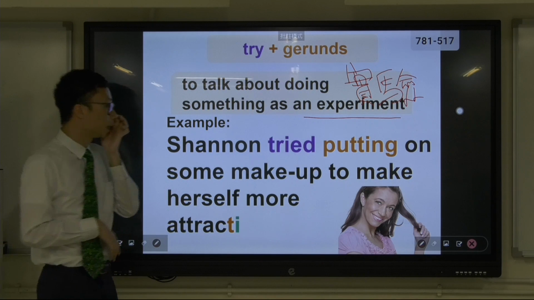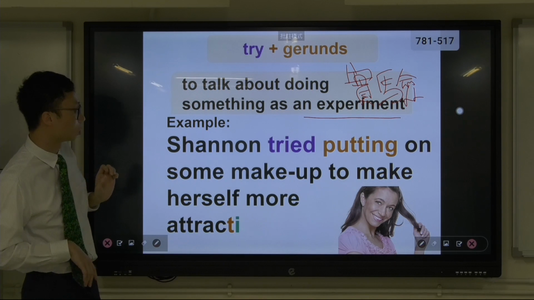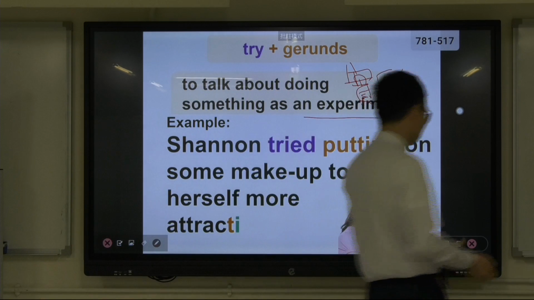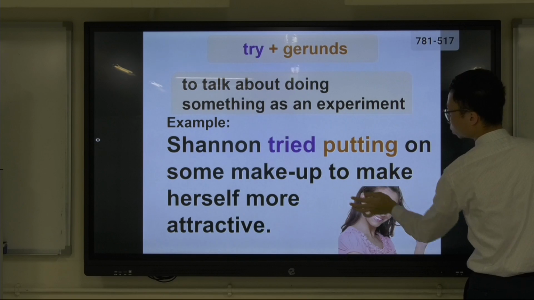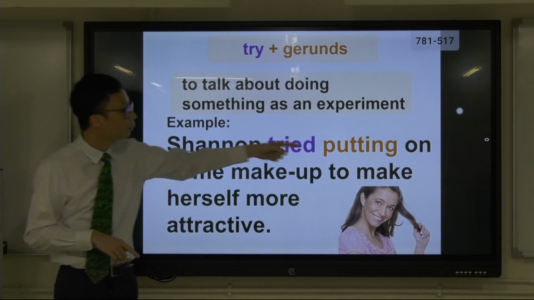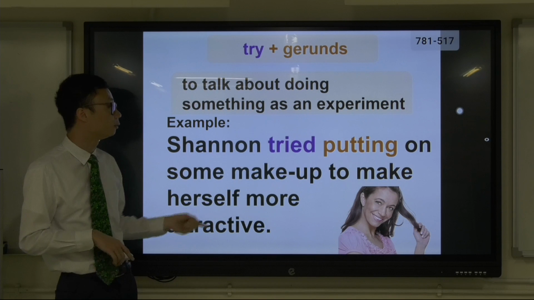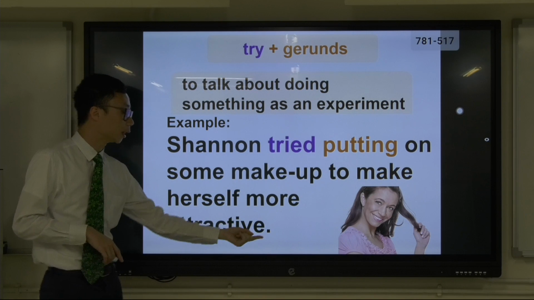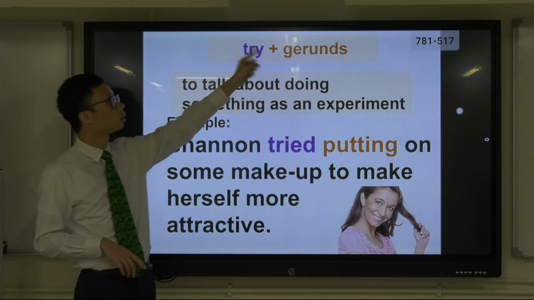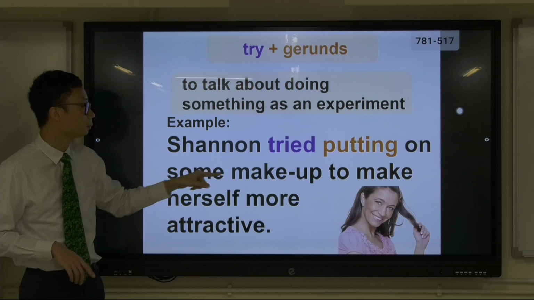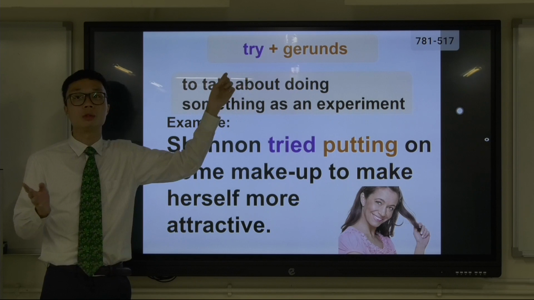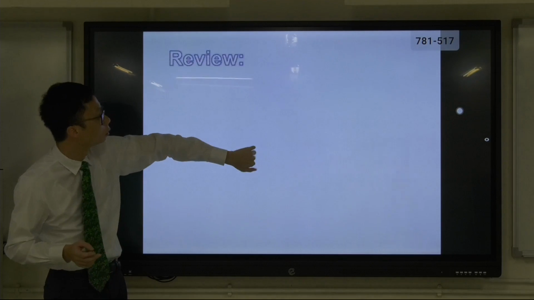Look at this example: Shannon tried putting on some makeup to make herself more attractive. She did it as an experiment to see whether it made her more attractive. That's why we use try and then a gerund.